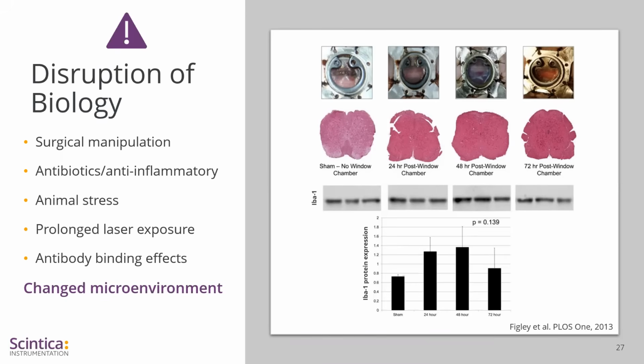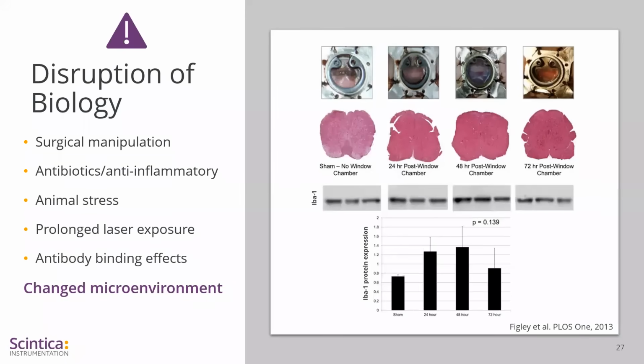It's therefore really important to also include positive and especially negative controls in your experiment so that you can exclude any kind of manipulation-related changes in your biology that you could mistake for effect or lack of effect.